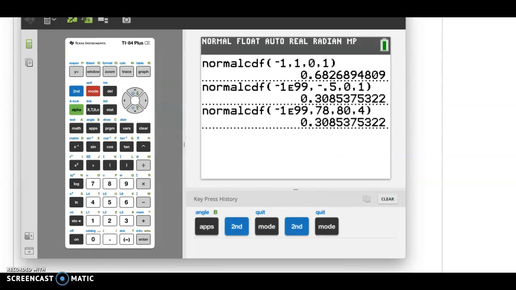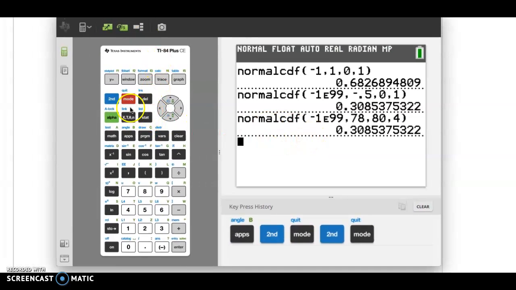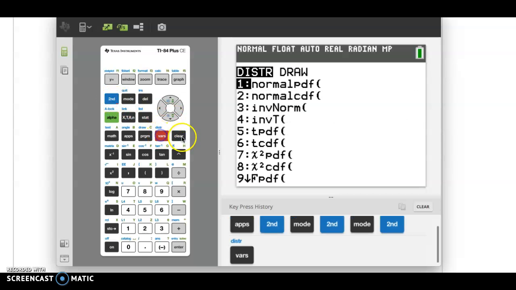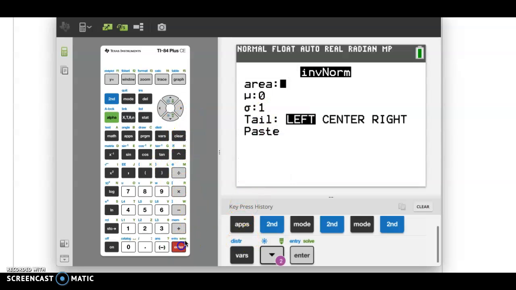If you go into your normal distribution, the second distribution, and you go down to inverse norm, there it is, inverse norm. I'm going to press enter. Notice what I have. There's the center.